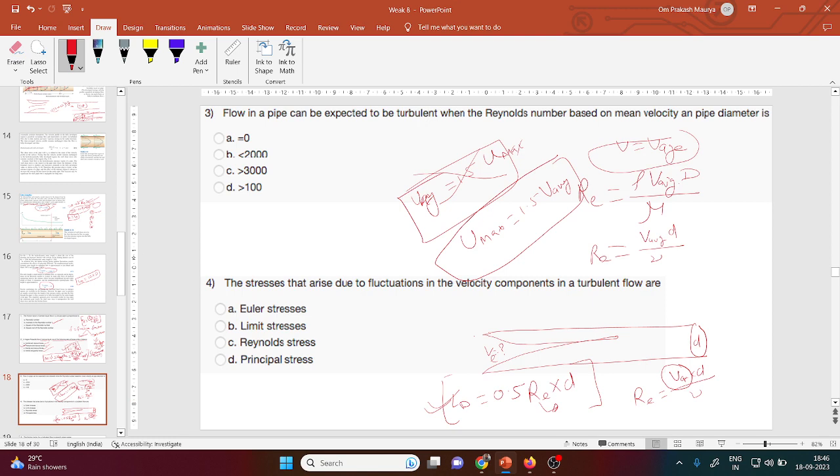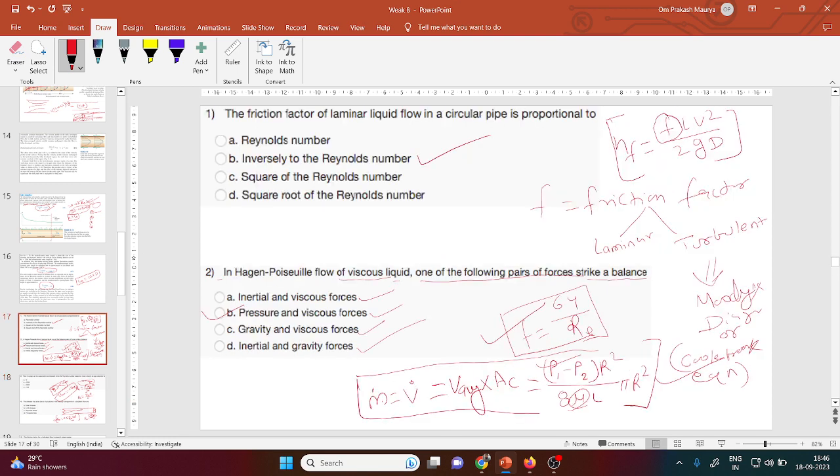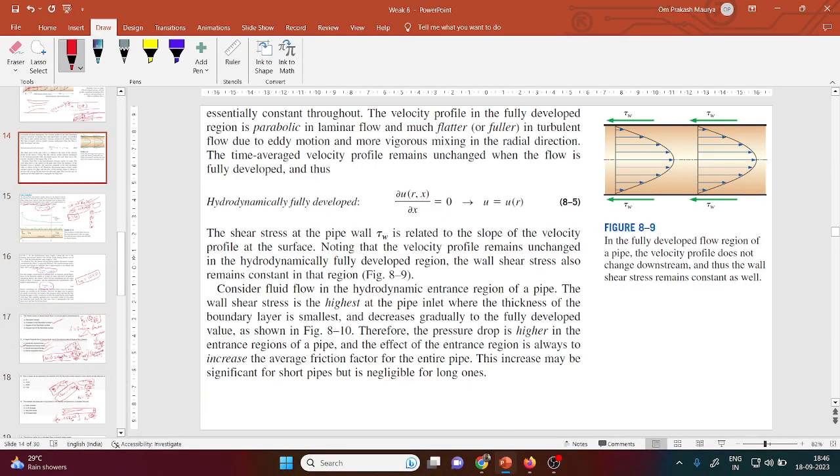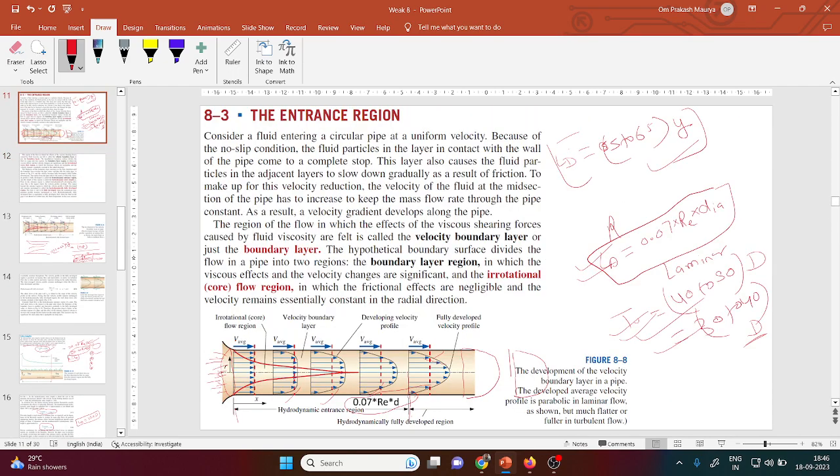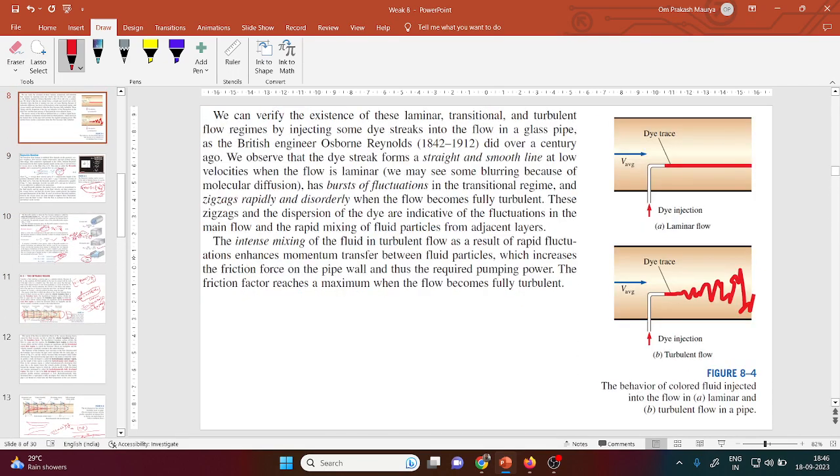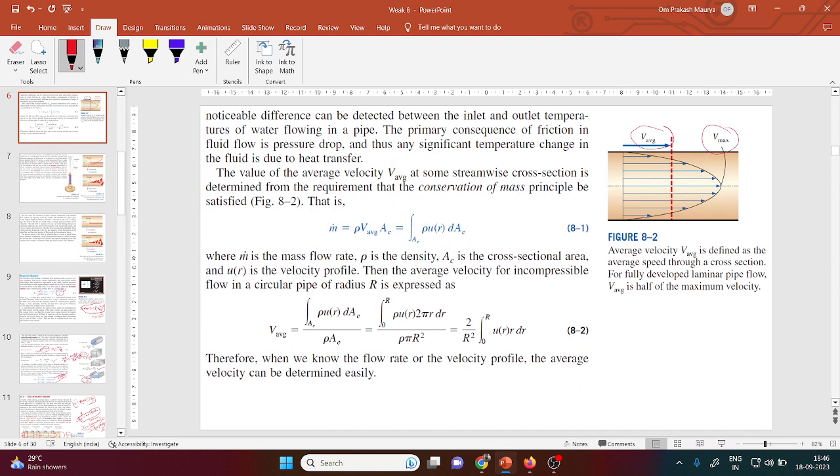One graph was there above. The maximum velocity is this one and the average velocity is this one. How much is the maximum velocity? V max, just for the sake of your understanding, I was telling, is 1.5 times the V average.